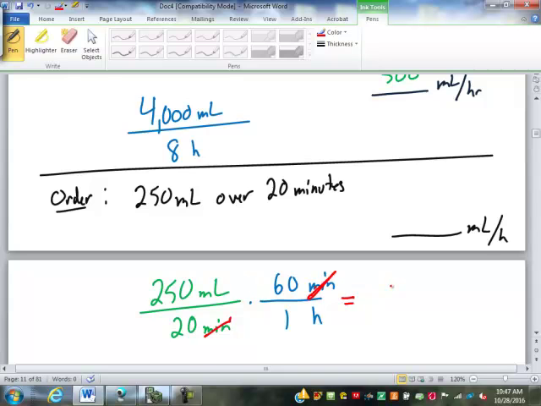Now you can multiply that out. 250 times 60 is what, 7,500 milliliters over 20 times 1 is, actually that's not 7,500, it's 15,000, isn't it? Thanks. That is 15,000 there. And then 20 times 1 is just 20 hours. So we divide that out, it becomes 750 milliliters per hour.